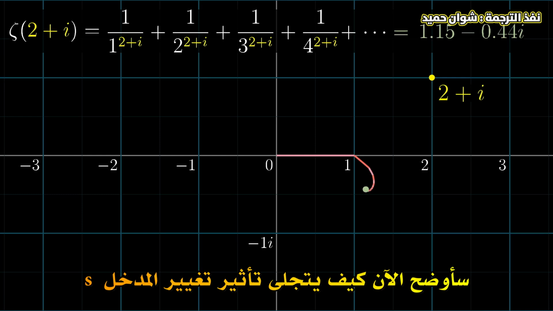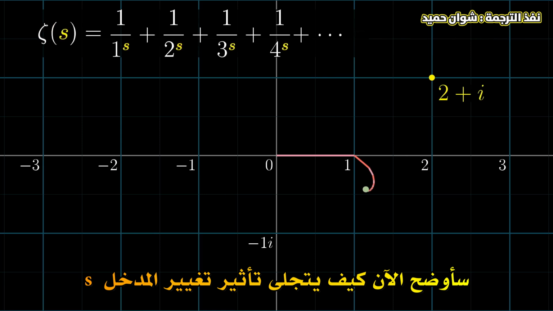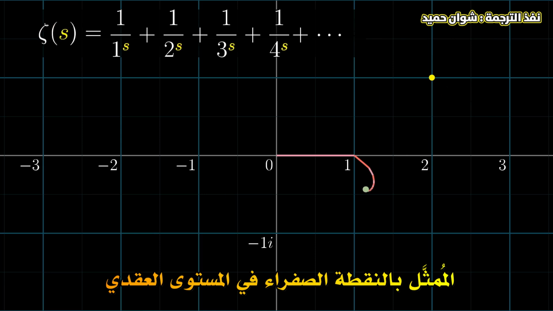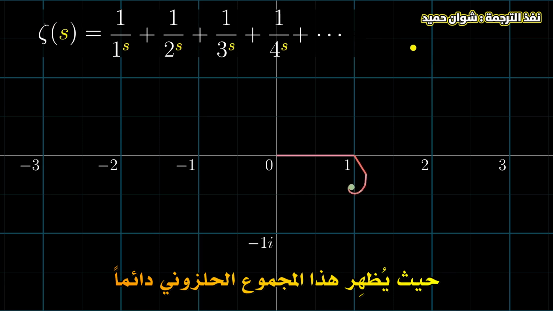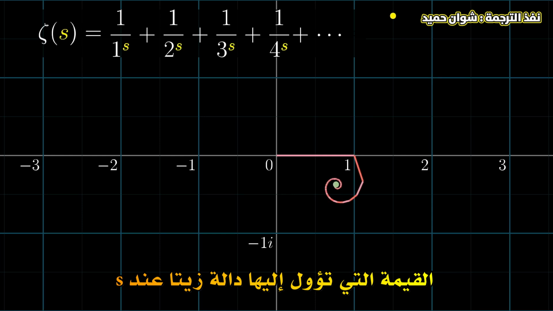Here, let me show what it looks like when I vary the input s, represented with this yellow dot on the complex plane, where this spiral sum is always going to be showing the converging value for zeta of s.